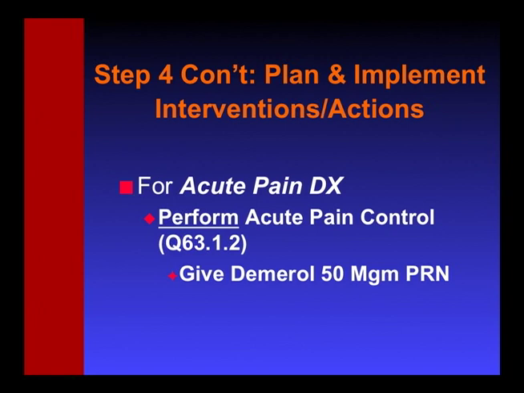To continue, for the acute pain diagnosis, the nurse only ordered 1 nursing intervention action as perform acute pain control, with the nursing jargon give Demerol 50 milligrams for pain on coughing as needed.